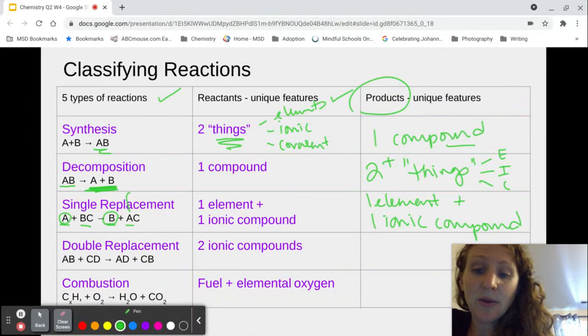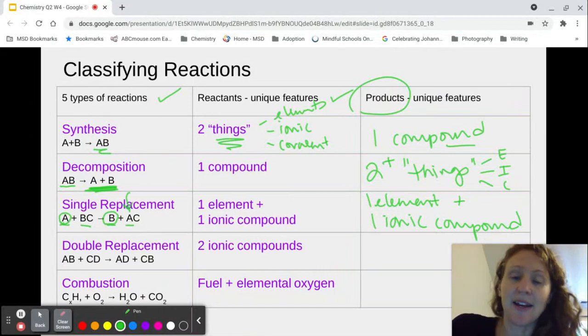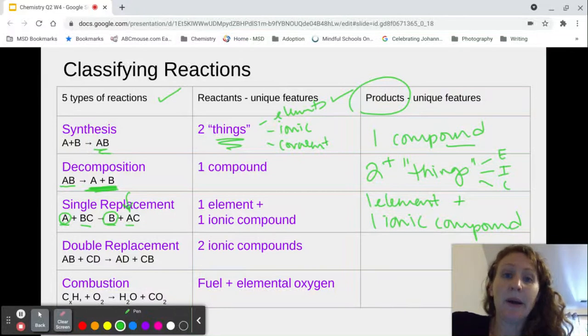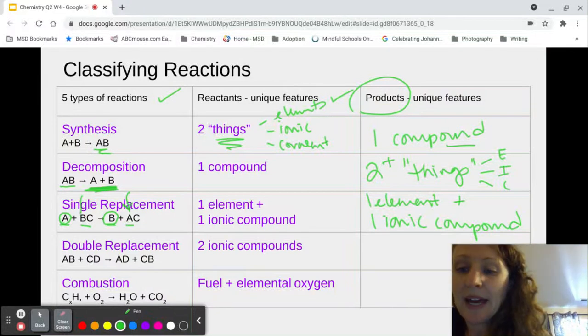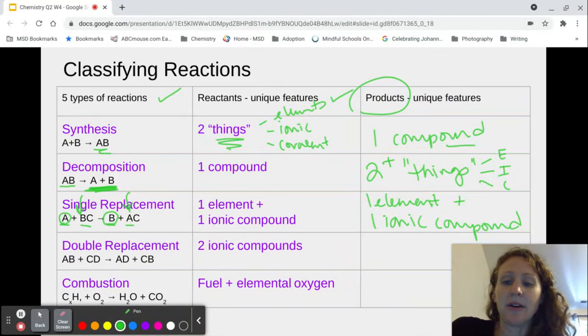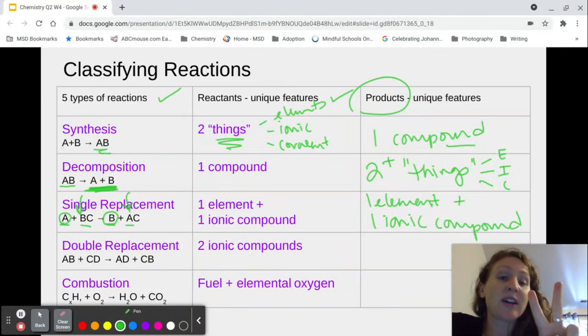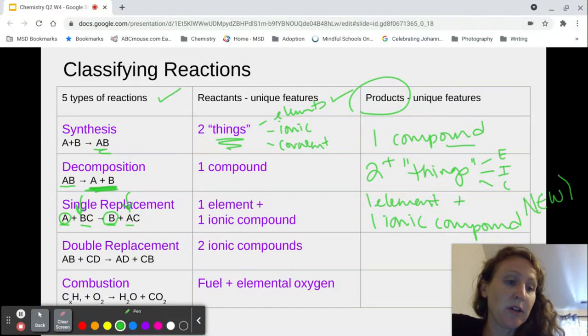Well, it's now the cation in your compound. And where did B come from? Well, B was the cation in your compound. So we know that the cations just switch, and cations, remember, are always metals. So the 2 metals in this reaction just switch places. So these are going to be new. Remember, you're not just going to repeat the ones you had before.